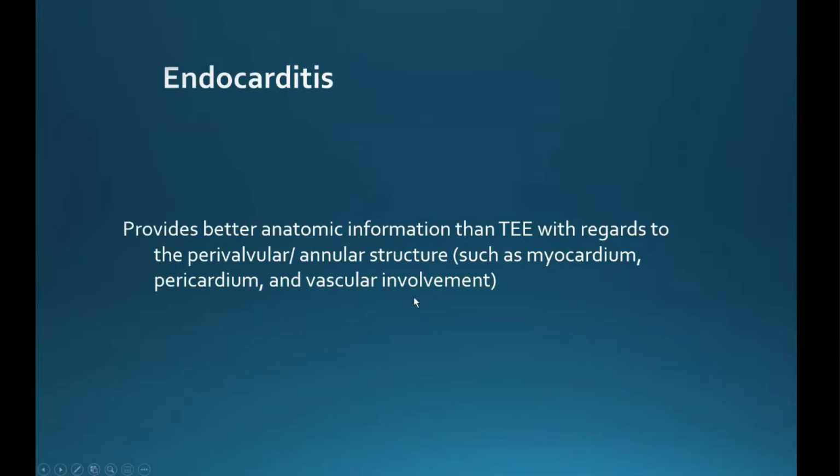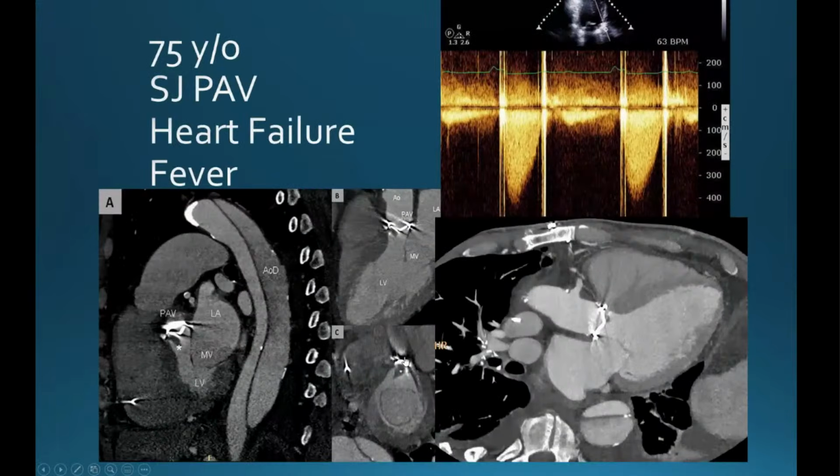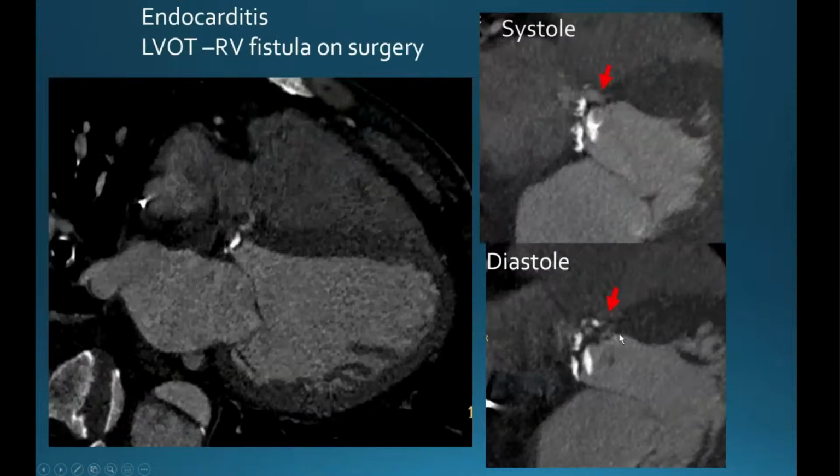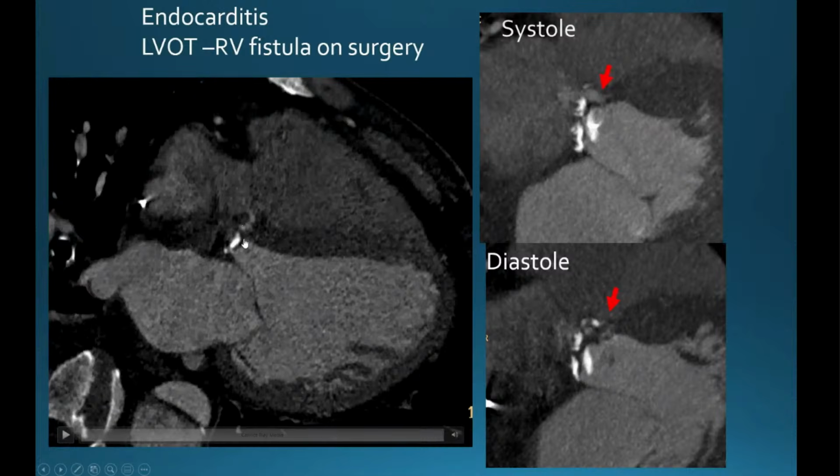Endocarditis, obviously, TEE is much more sensitive in picking up endocarditis, but we use CT in patients where we suspect complications from endocarditis such as fistula, as in this case, a patient with a prosthetic aortic valve, with a mass underneath the leaflet, appearing to cause a fistula between the LVOT and the right ventricle.